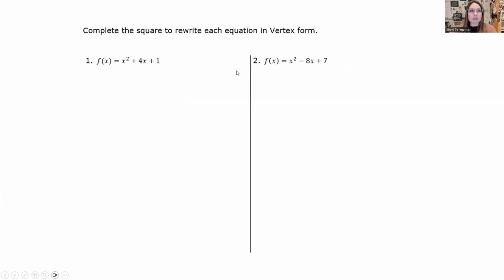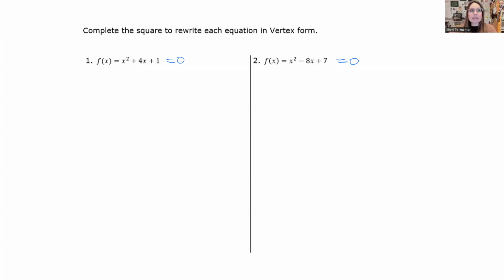So here are my first two problems. They're both f of x. So the very first step is we have to set it equal to 0. So I can just put it like that. That's equal to 0. I can go ahead and do that with number 2. Like first it has to be equal to 0. The next step, you have to move the constant to the other side.